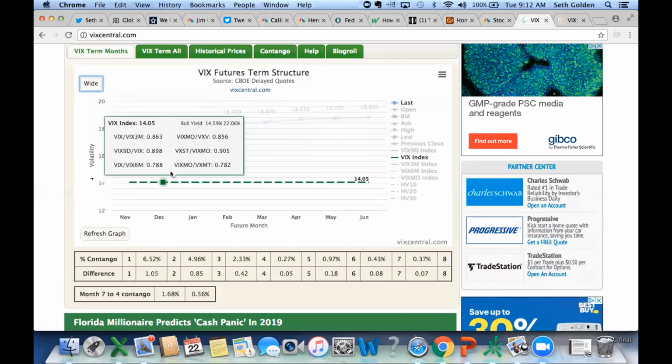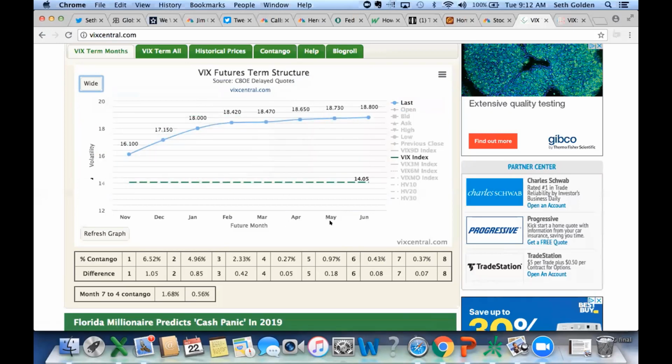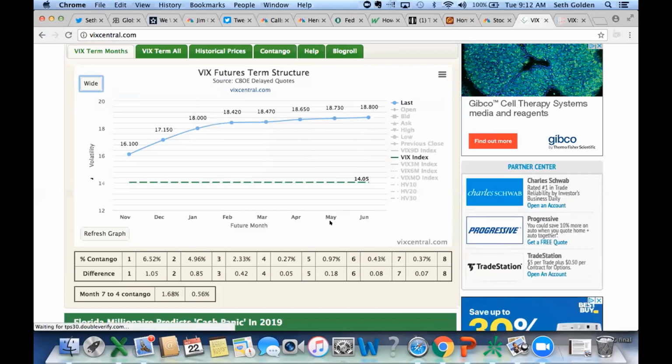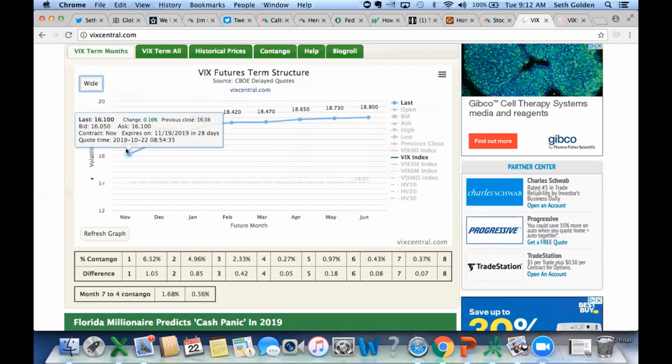That's why the front of the curve looks as it does, and why I said earlier we haven't had this much steepness at the front end of the curve in quite some time, especially this far out of expiration. We still have 28 days until the November futures contracts expire.